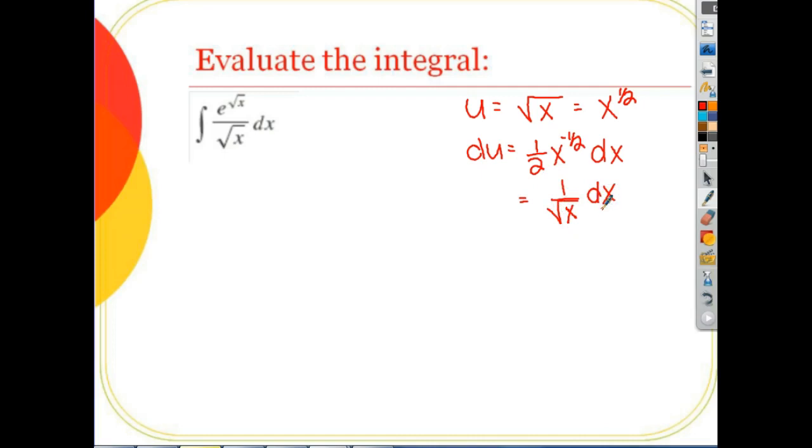So you can substitute this out, but you have to remember to multiply by the 2. Since there isn't a 1/2 here, that 2 has to come with the du. That's what happens sometimes when you take your derivatives, you have these coefficients, and that's what we bring out as constants. So you have 2 e to the u du.